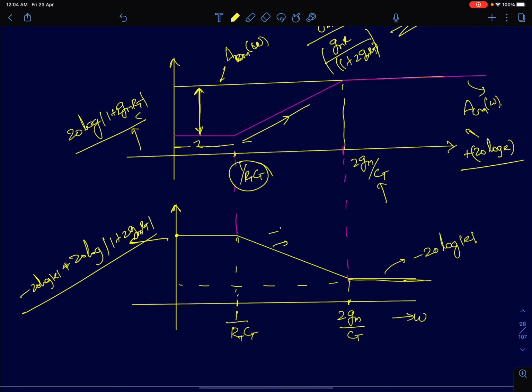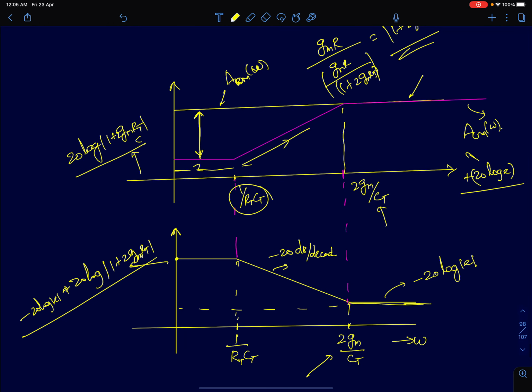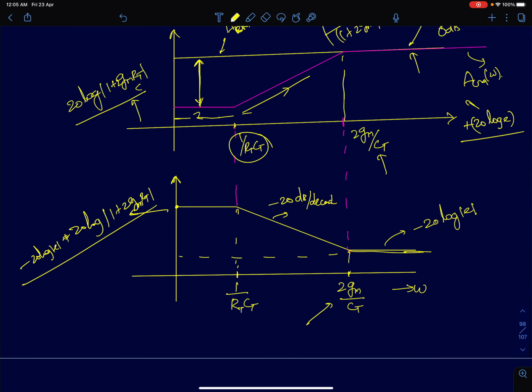This will decrease with a slope of minus 20 decibels per decade. It will keep decreasing till we reach the pole 2 GM by CT. After that, both ACM is equal to ADM. So the difference in decibels will be 0 dB. ADM minus ACM will be 0 decibels. Plus, you'll have to add this constant factor, which is minus 20 log E. So the flat value here will simply be equal to minus 20 log E.